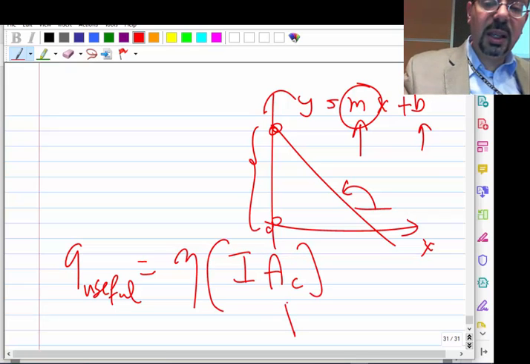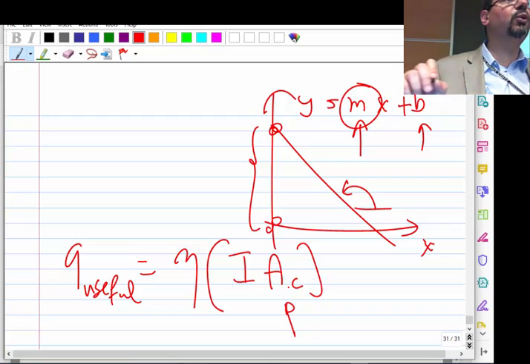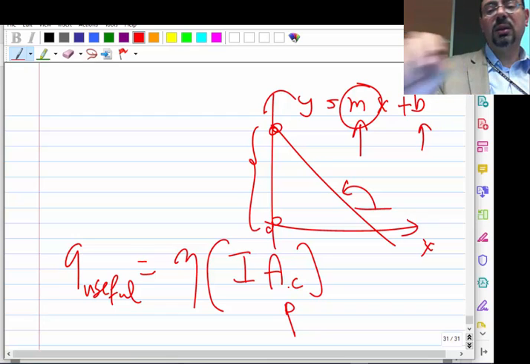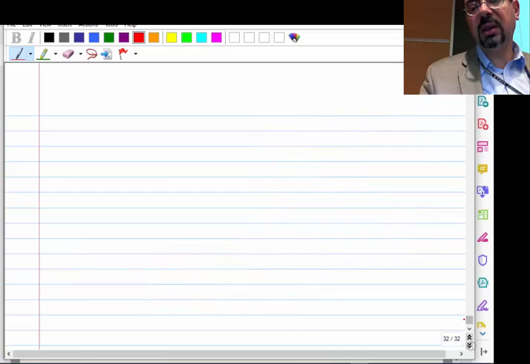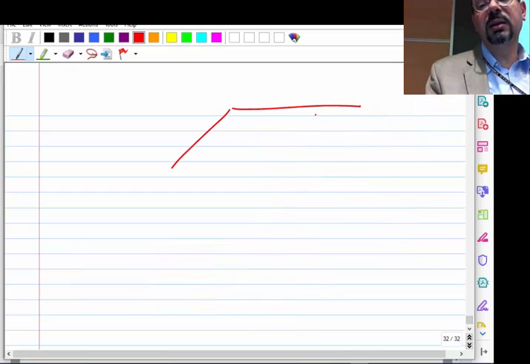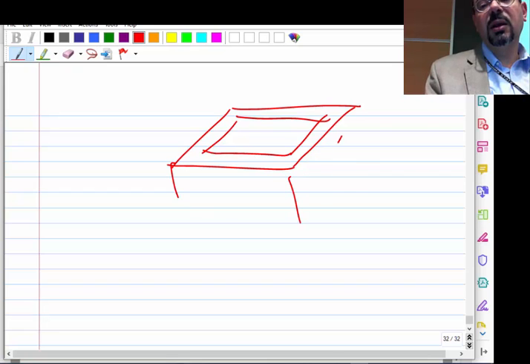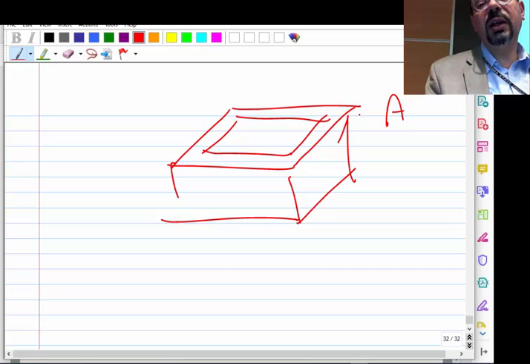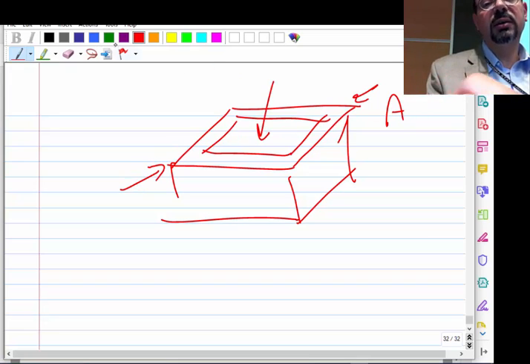Now this area of the collector, you think it's straightforward, but it's a little bit confusing. Why is it confusing? Because when we open the data sheet of any collector, you'll find they have two areas. They have the total area and they have the aperture area.